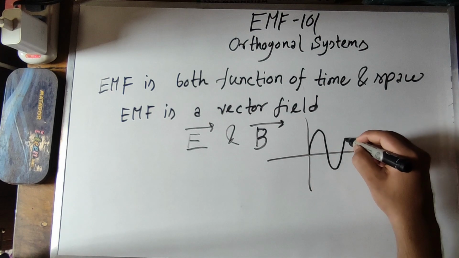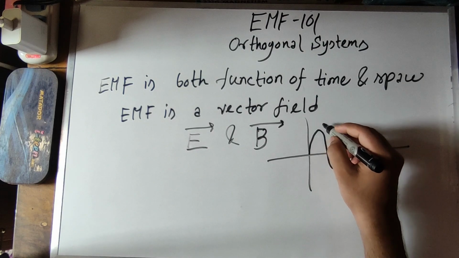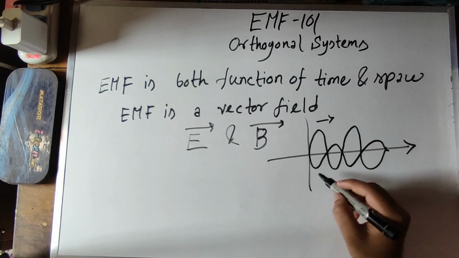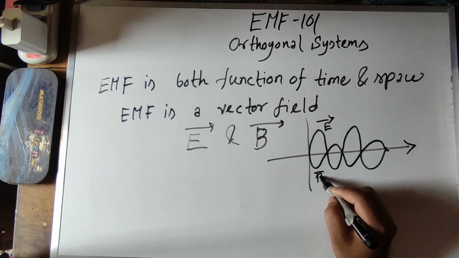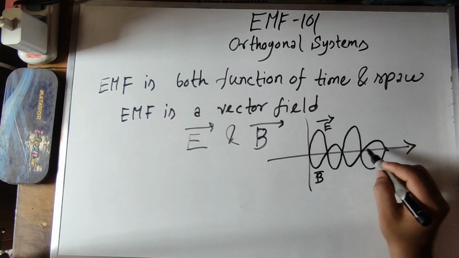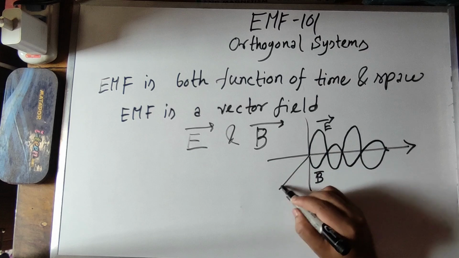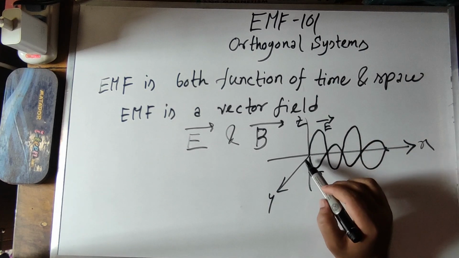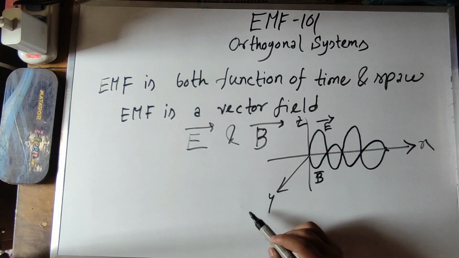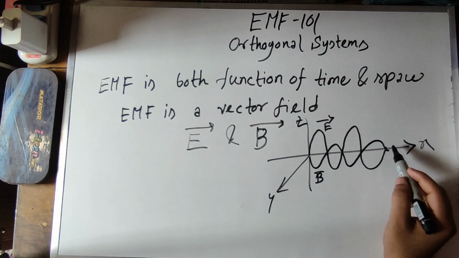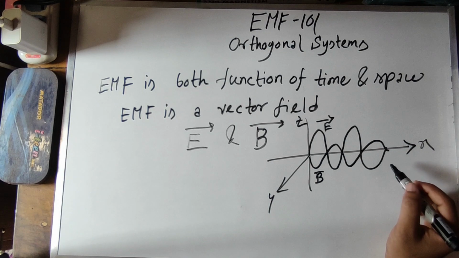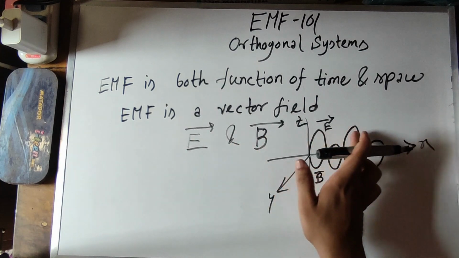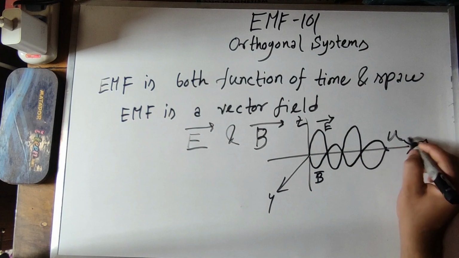If this is the electric field, E, and this is the magnetic field, B, and these are the directions X, Y and Z, say, E is in the direction of Z, B is in the direction of Y, then the resulting waveform goes in the direction of X at velocity u.